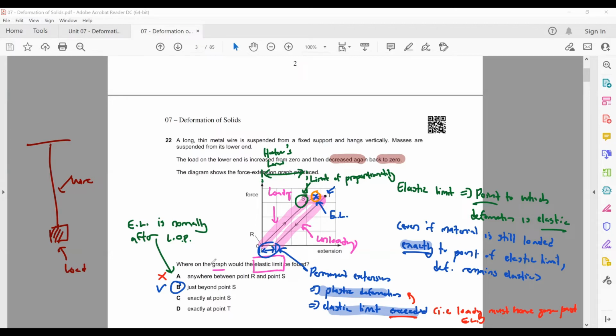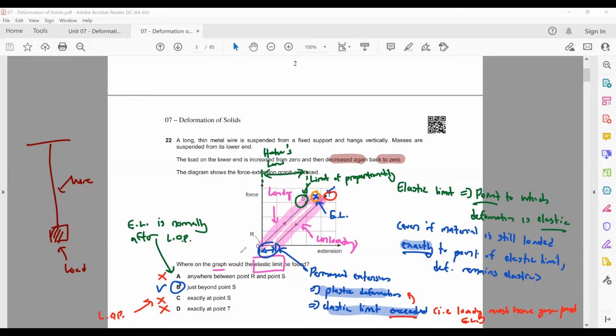Now, if you say it is exactly at point S, this is wrong because this is actually the limit of proportionality. So for answer C, exactly at point S, this is wrong. This is the limit of proportionality. Now, what about exactly at point T?